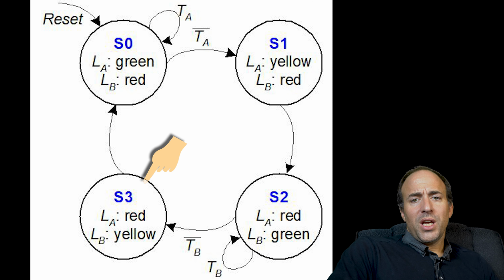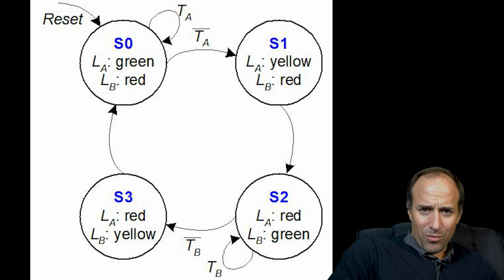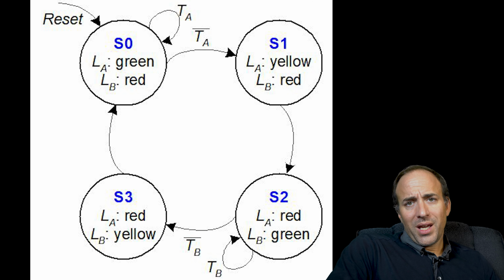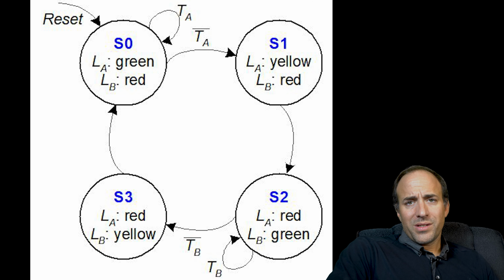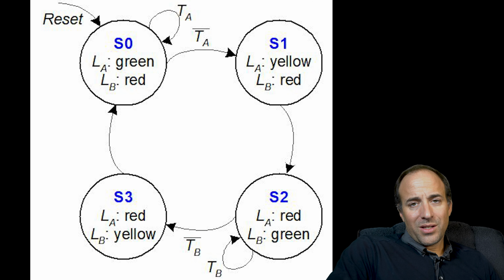A finite state machine can only be in 1 state at a time, 1 state per cycle. So this guarantees that there'll never be a green light on both streets. It's impossible, because the only way for that to happen is to be in more than 1 state at a time.